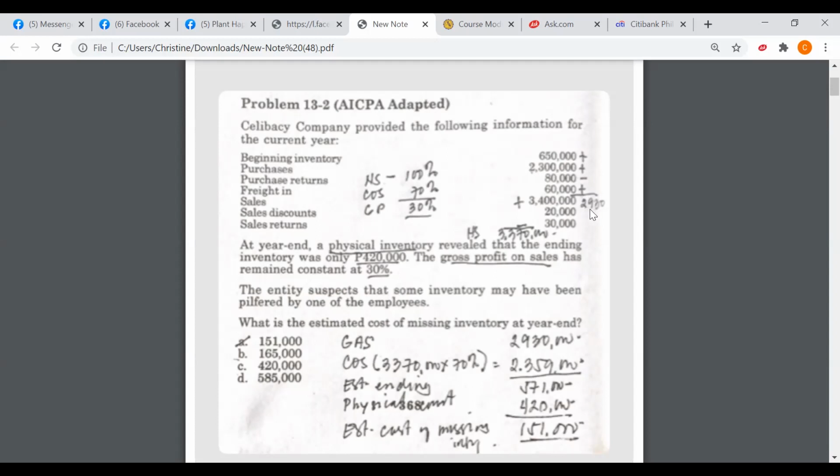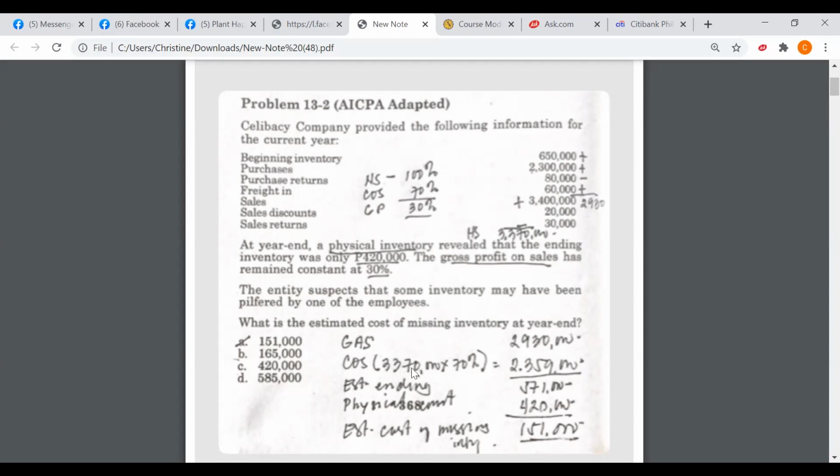So that makes 2,930,000 for your GAS, while your COS is based on your net sales. So net sales, we have 3,000,004. Only the return must be deducted. Ignore your sales discount as what I have discussed. So 3,000,004 minus 30, only the return. That is 3,370,000 as your net sales for gross profit computation.